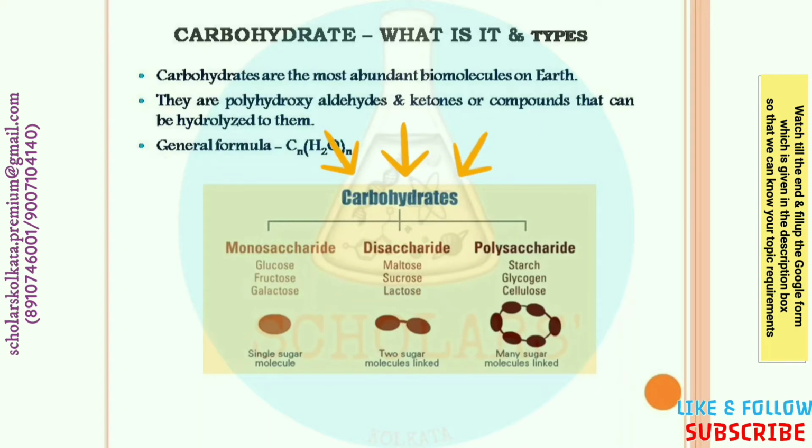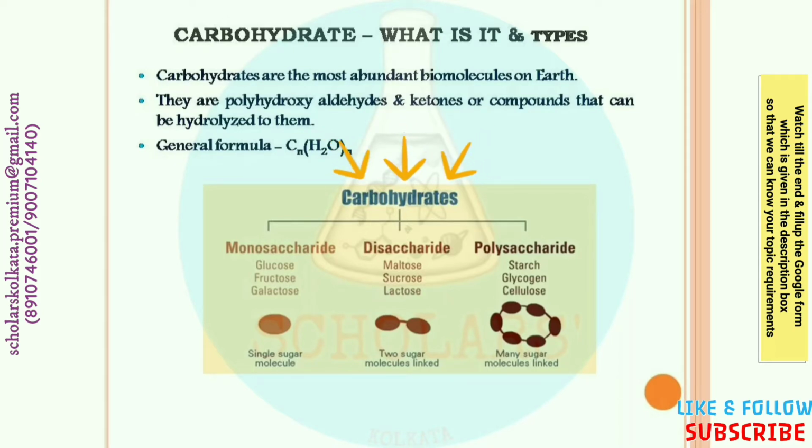Now let's discuss the types of carbohydrates. Carbohydrates have mainly three types: monosaccharide, disaccharide and polysaccharide. Monosaccharides are carbohydrates that have only one single sugar molecule. Mono means single and saccharide means sugar molecule. Examples are glucose, fructose, galactose.